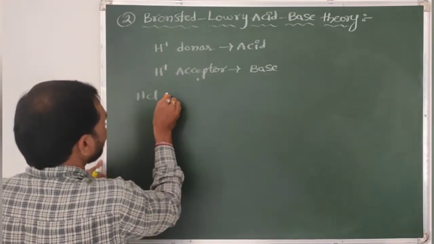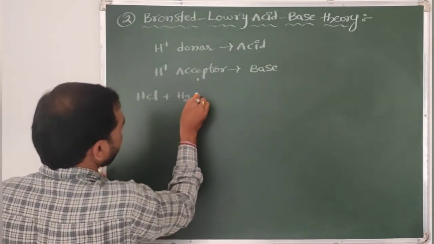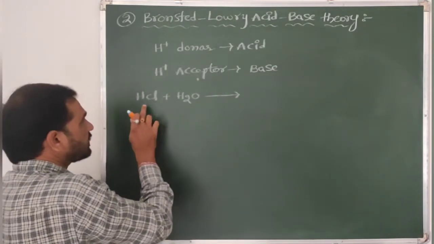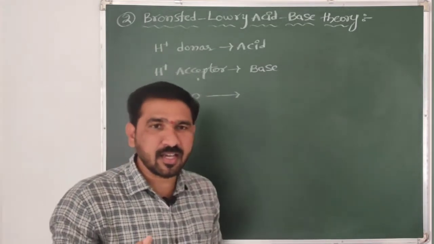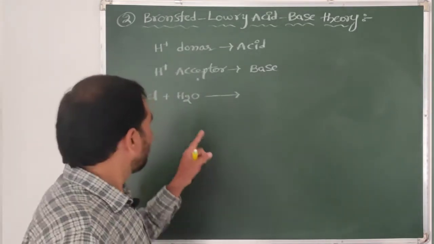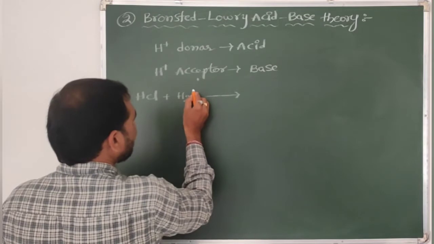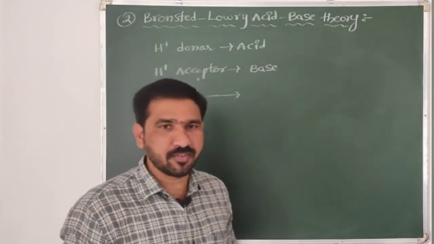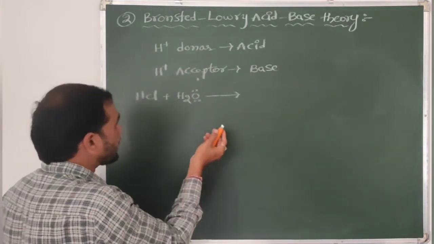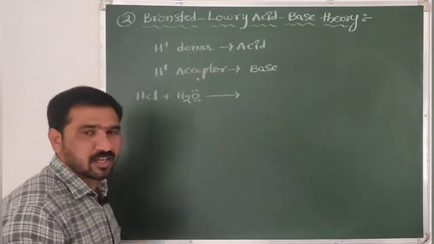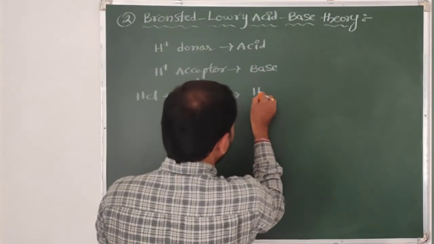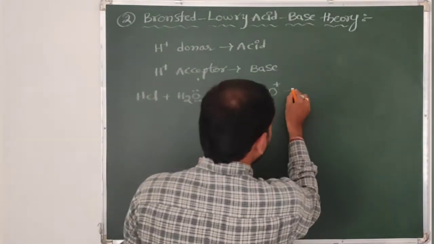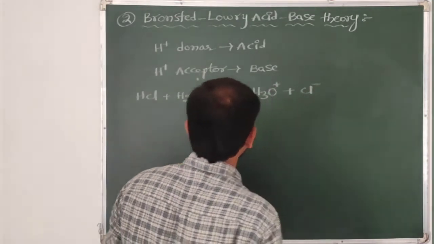HCl when treated with water dissociates as H plus and Cl minus. In H2O, the central oxygen atom has 2 lone pairs of electrons, ready to accept the proton from HCl. It results in H3O plus, the hydronium ion, plus Cl minus.